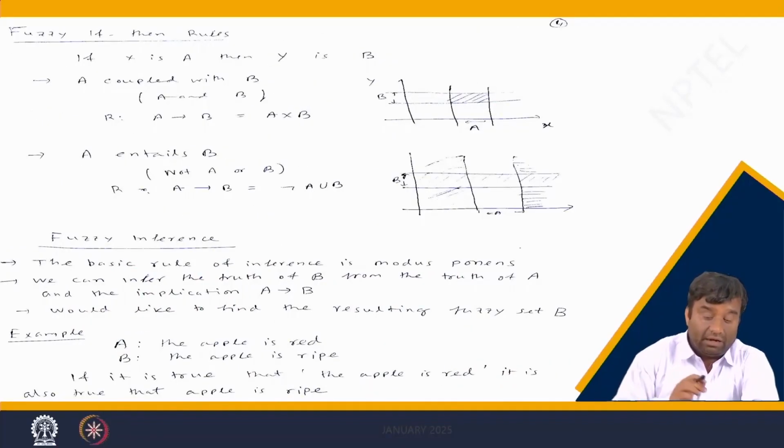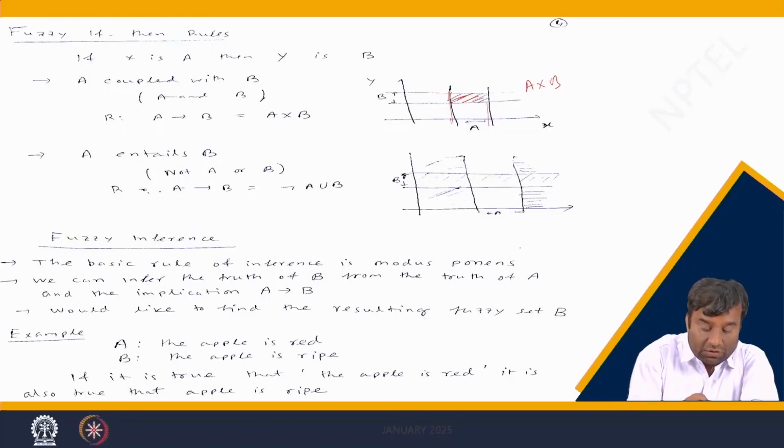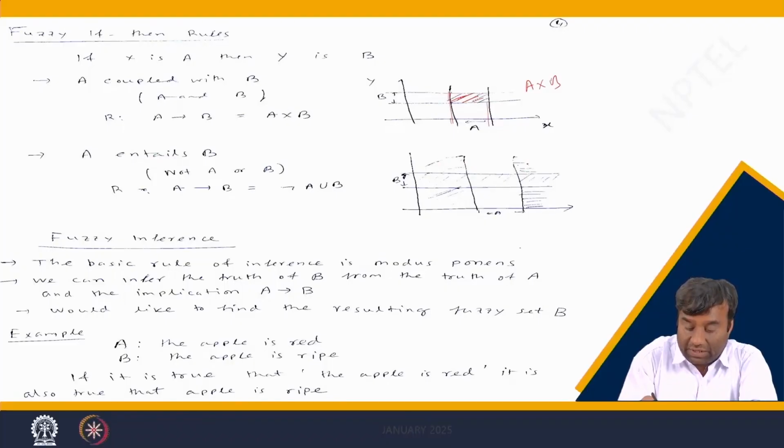Now there are two types of fuzzy rules, fuzzy if-then rules. If x is A, then y is B. So A coupled with B, that is A and B, represented as A cross B. This part is A, this part is B. You can write it as A coupled with B. Now A entails B is not A or B. So A is given, that is not A or B, so take the union of these two.